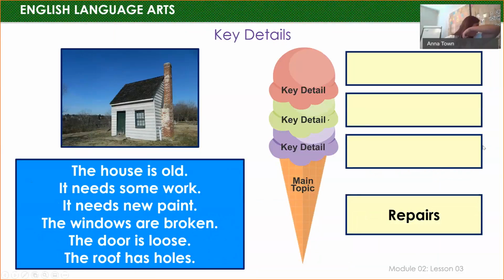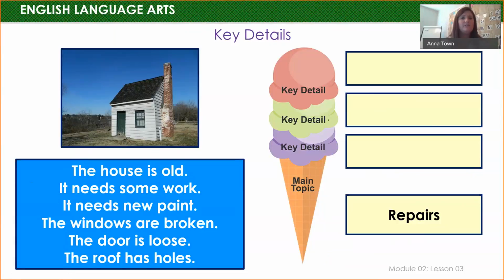Okay, excuse me. I'm going to read it one more time. And now we're going to give three details that led us to know that this story was on repairs. The house is old. It needs some work. It needs new paint. The windows are broken.